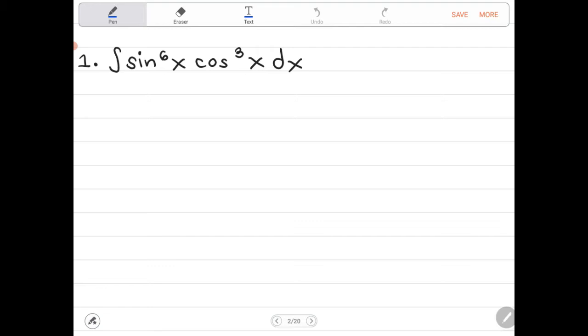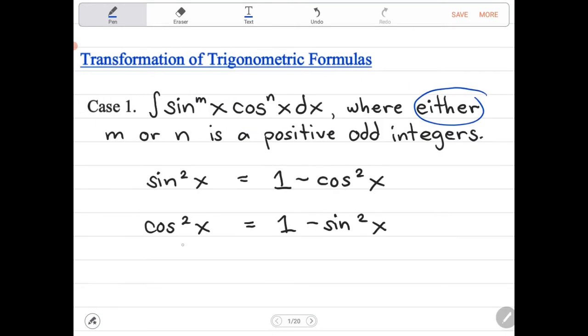So if we do that, we will be having the integral of sine raised to 6x cosine squared x cosine x dx. As you can see, I just decomposed the cosine cube x into cosine squared x and cosine x, because we are going to substitute cosine squared x by 1 minus sine squared x.